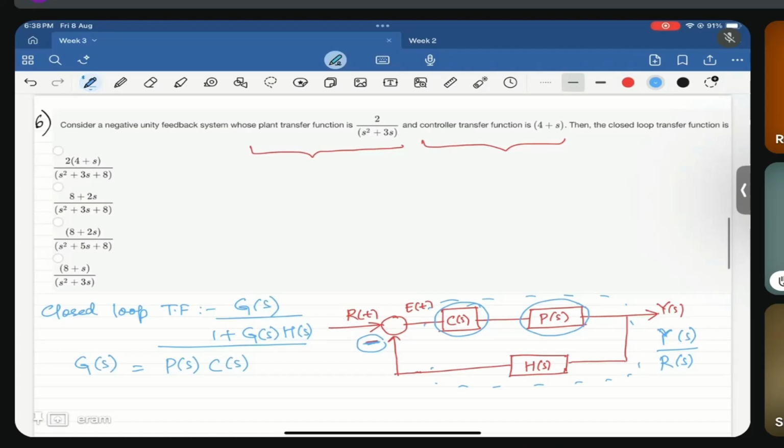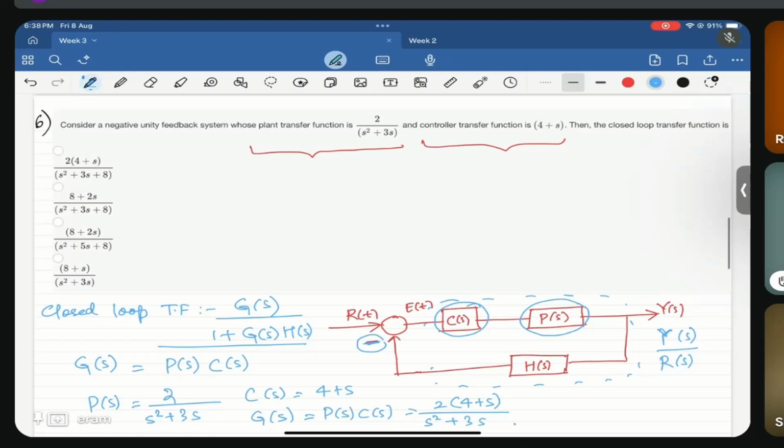So what is P(s) into C(s)? It is very straightforward. P(s) is 2 by s square plus 3s, and C(s) is 4 plus s. So G(s) will be P(s) into C(s), which is equal to 2 into (4 plus s) divided by s square plus 3s.